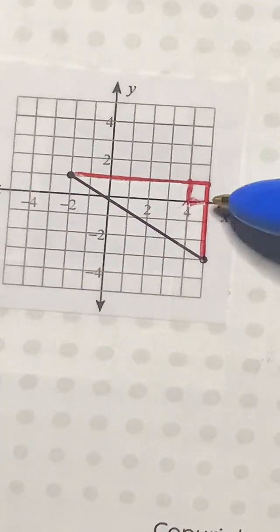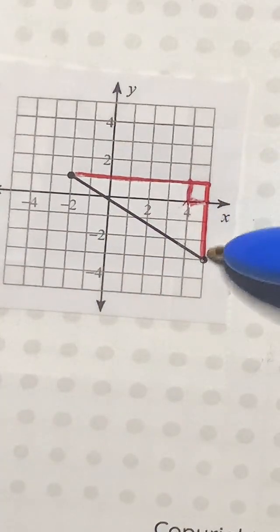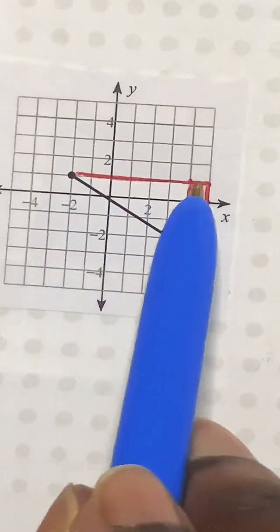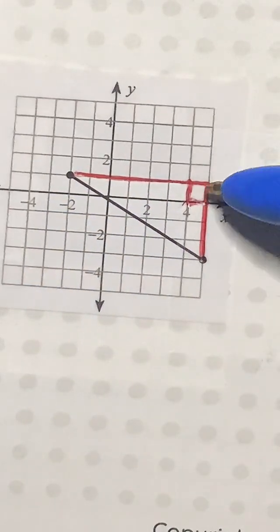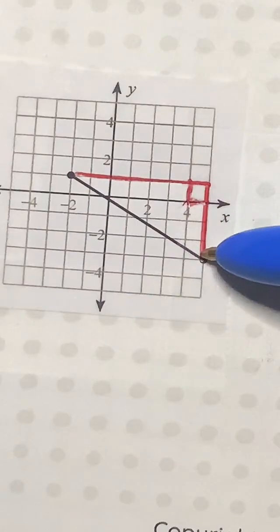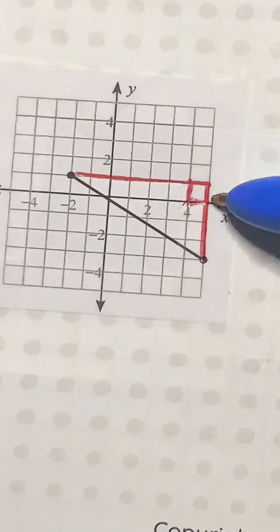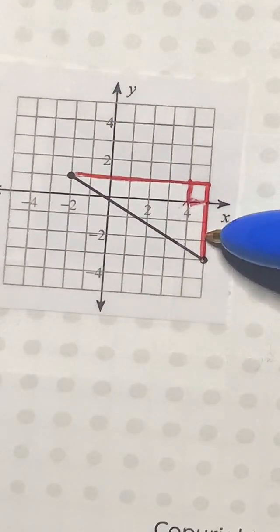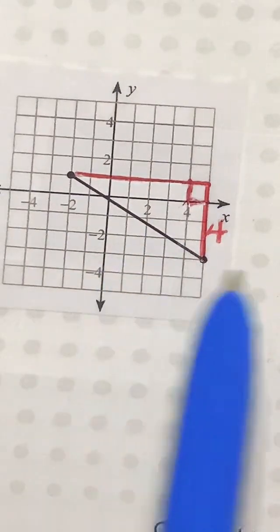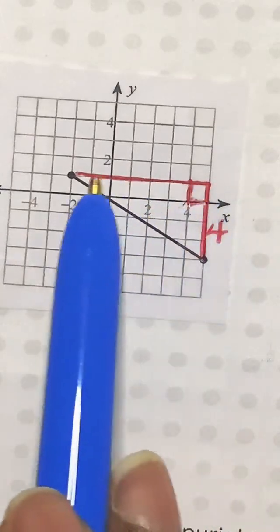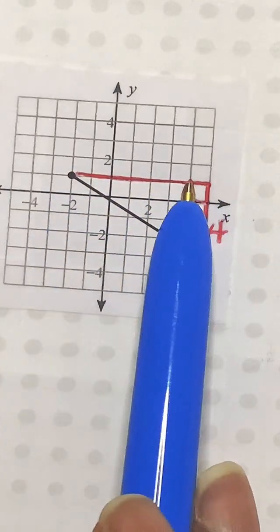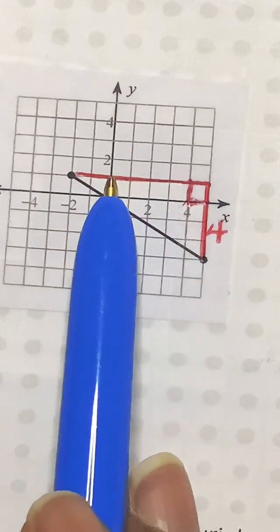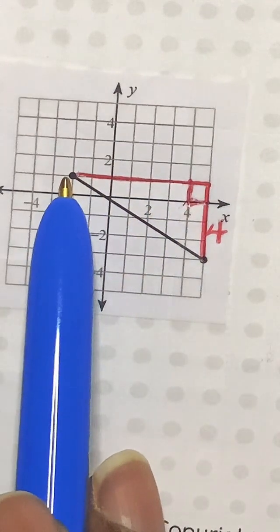Now we need to figure out the lengths of these two sides. From here to this point, it's 1, 2, 3, 4. Just count the blocks. Got 4. Now from here to here, we count 1, 2, 3, 4, 5, 6, 7.